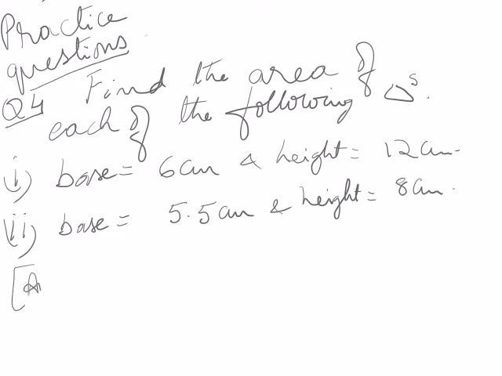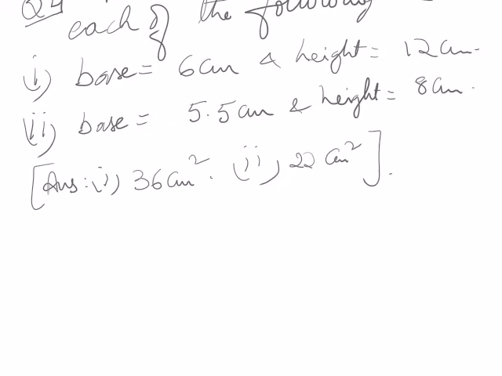So for your reference, first one answer will be 36 centimeter square. Second one will be 22 centimeter square. Now, if you know the three sides of the triangle, then how will we find the area?